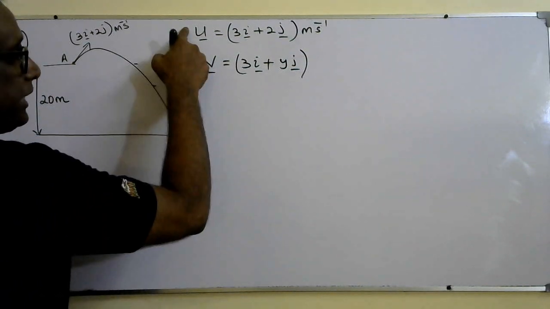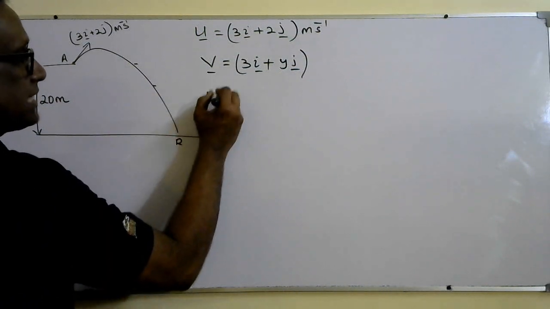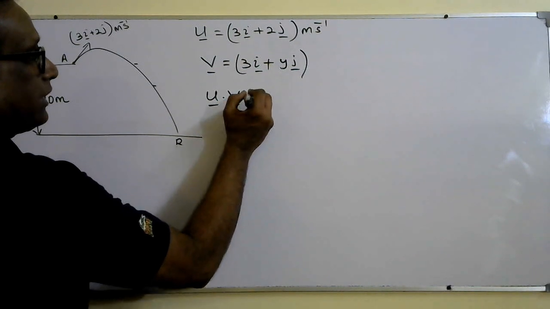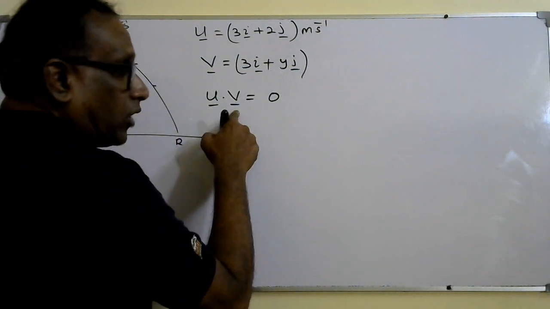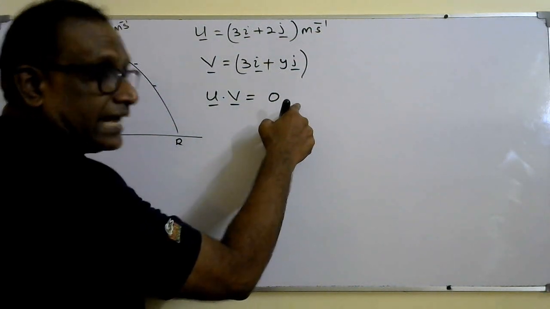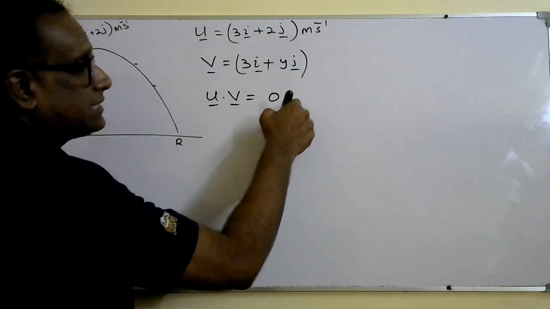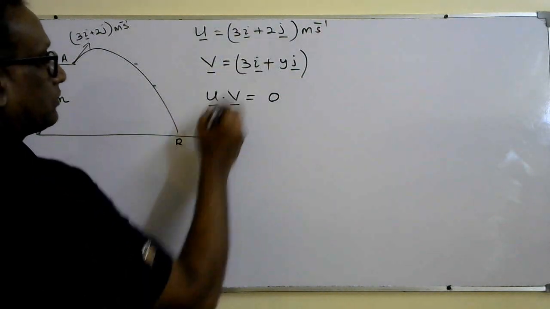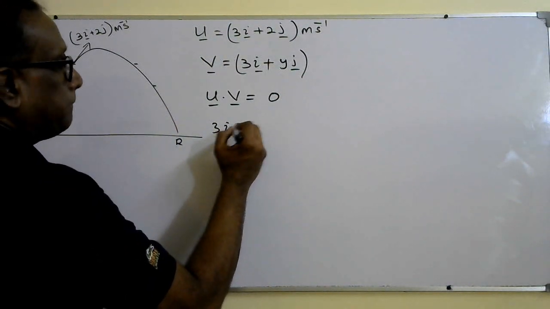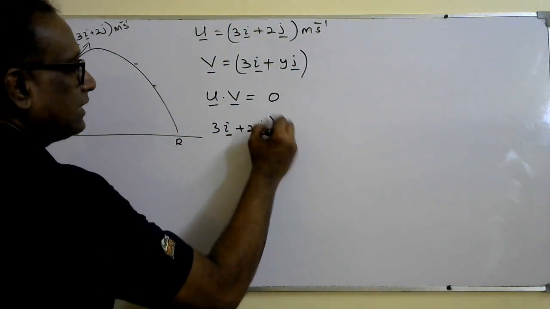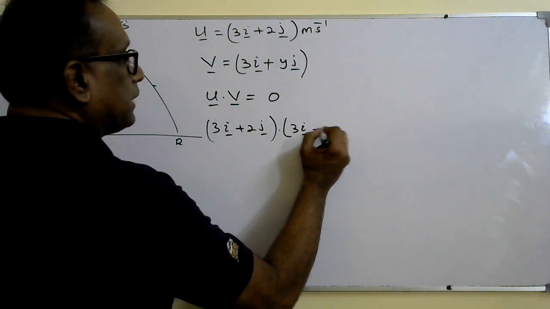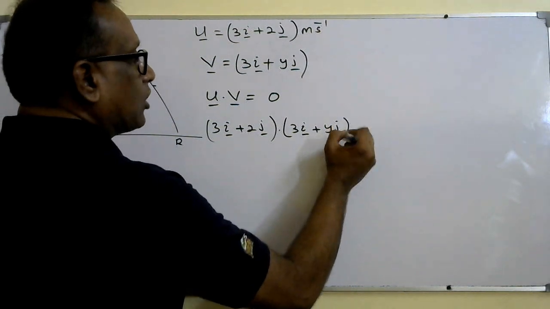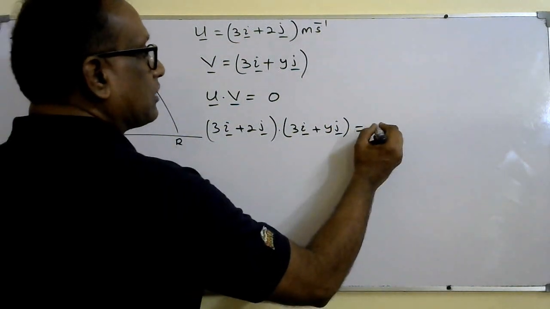They are perpendicular, initial velocity and this velocity. Perpendicular means u dot v should be equal to 0, because mod u, mod v, cos 90 is 0. We substitute 3i plus 2j dotted with 3i plus yj, equal to 0.